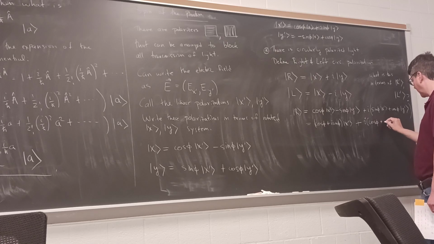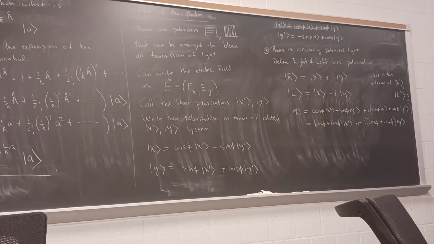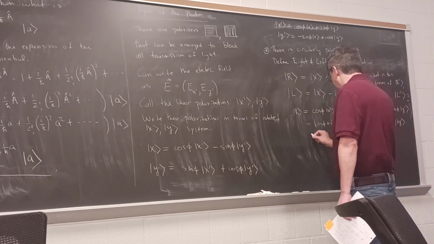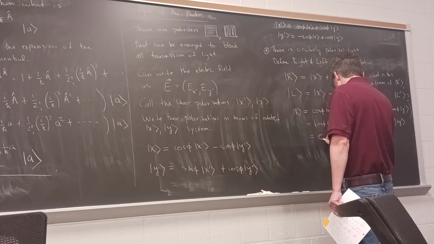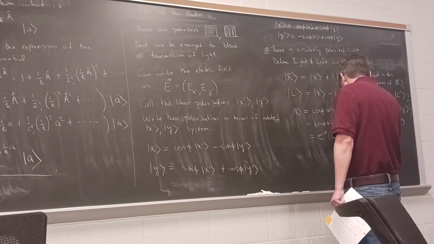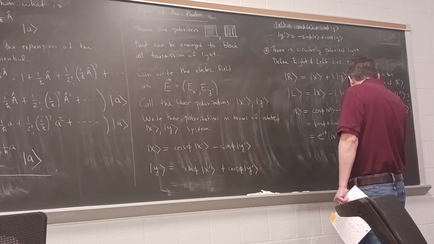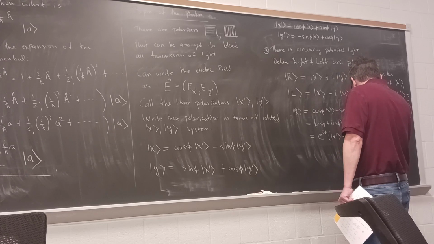So this is plus i sine phi y prime. Okay, so what is this? This is e to the i phi times x prime plus i y prime.